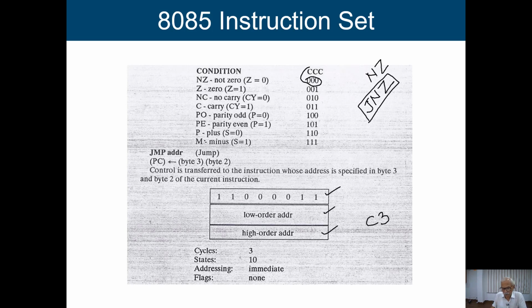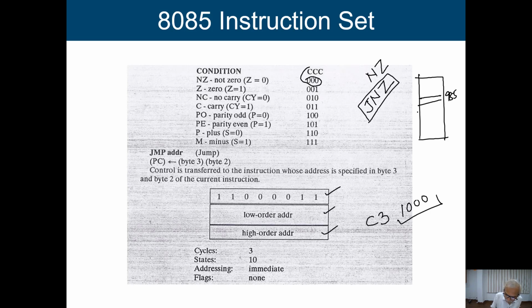So C3 talks about the unconditional jump. Without any condition, we are going to jump. So if I say C3 1000, then what will happen? In this particular case, we are going to jump to the memory location 1000. That means, say I am executing a particular program and fetching this jump instruction from, say, memory location 985.